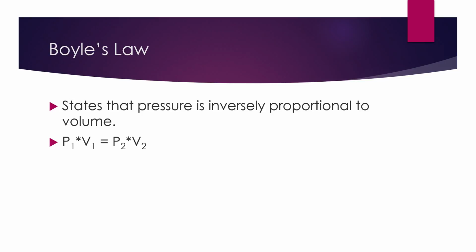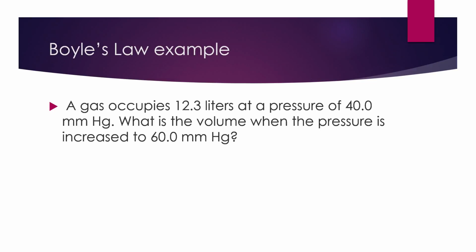Go ahead and write down that formula, because we're going to be working on the next problem, and it's going to be dealing with Boyle's law. So let's say a gas occupies 12.3 liters at a pressure of 40 mmHg. mmHg stands for millimeters of mercury. It's a type of pressure measurement. You can either measure pressure in mmHg or ATM.